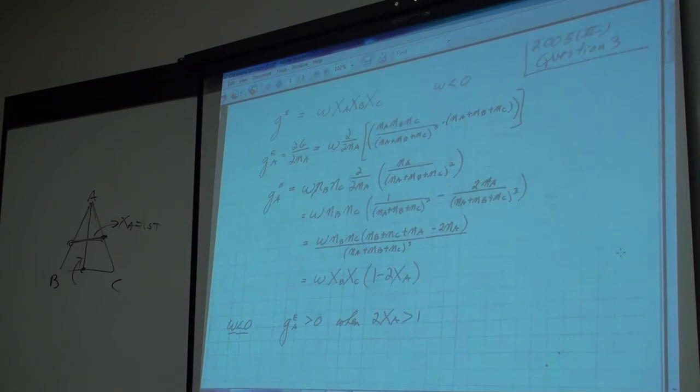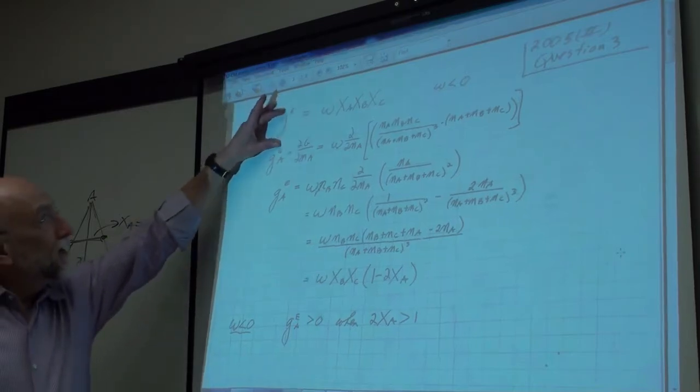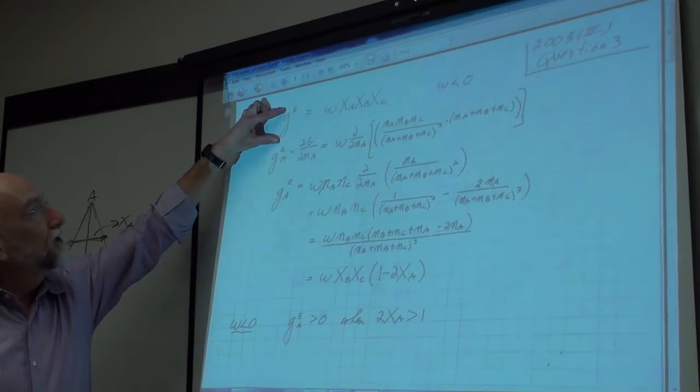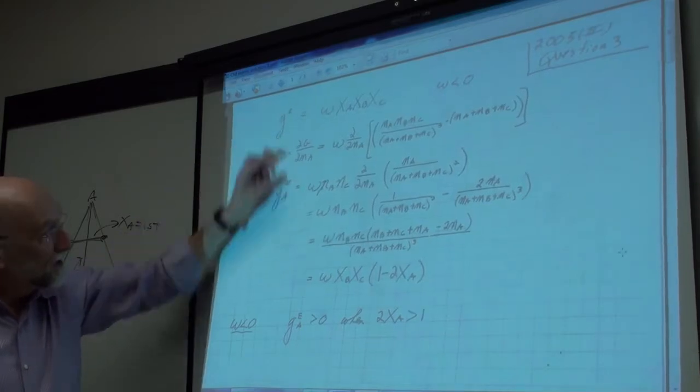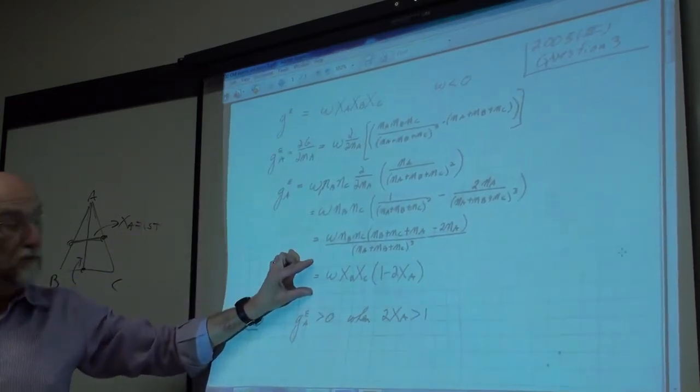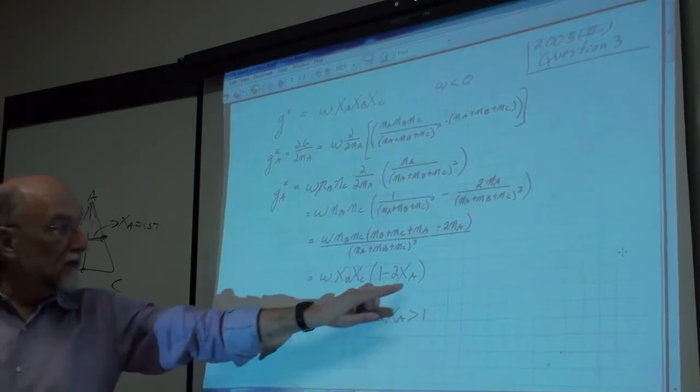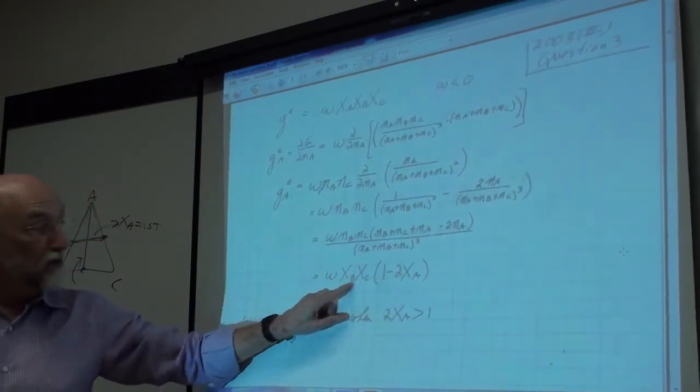Yeah, because I did the calculation with the binary terms, and then I assumed that if XA is small, 1 minus XA is equal to 1, and I dropped some terms. No, all I'm worried about is the effect of this term. Adding this ternary term to your expression for GXS will add this ternary term to your expression for GXSA. If XA is small, it's going the right way, but if XA is big.